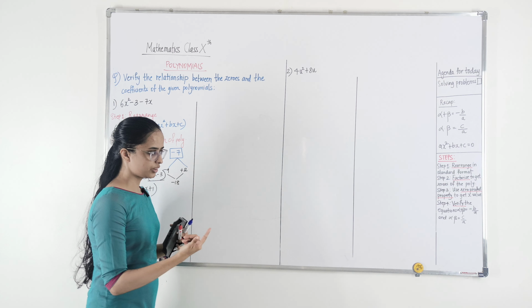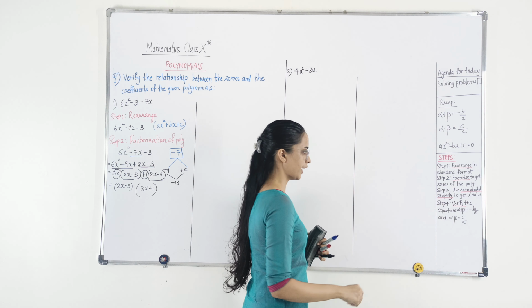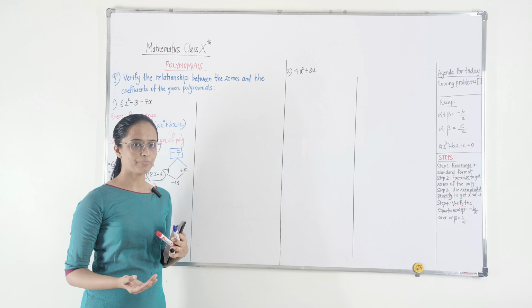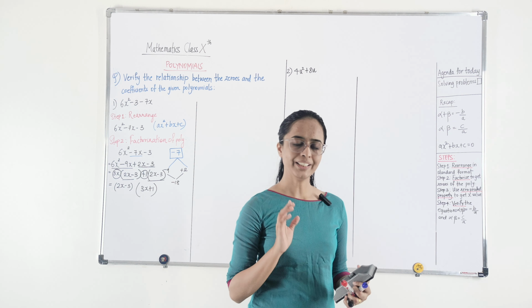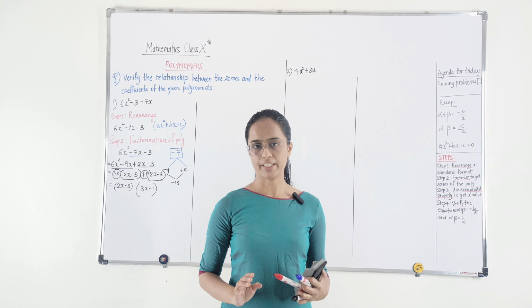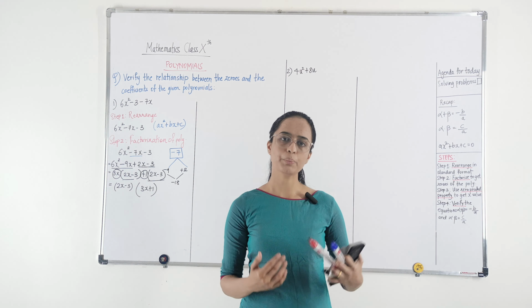Now let's move on to step number 3, which says to use the zero product property to get the x value. What is the zero product property? I will again tell you that you have been using this property since you have been doing factorization problems. It's just that maybe some of you know it, maybe some of you don't.